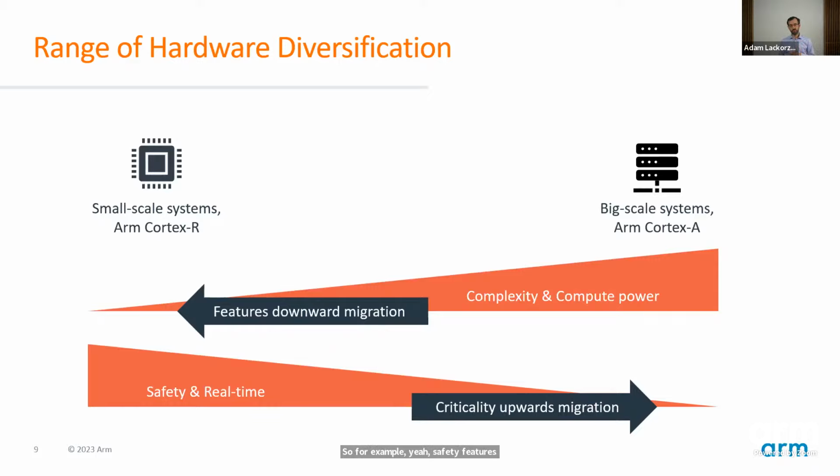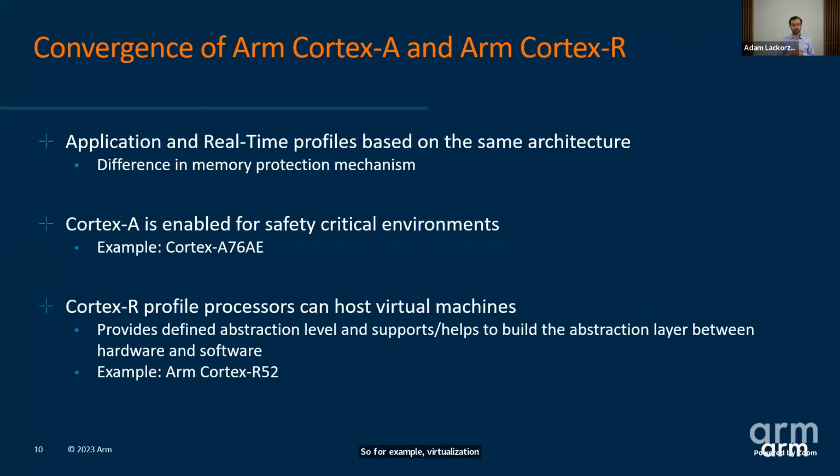And on the Cortex-R side, features are added that have previously only been available on Cortex-A, for example virtualization features, which are now available.